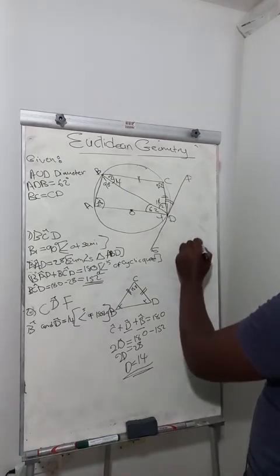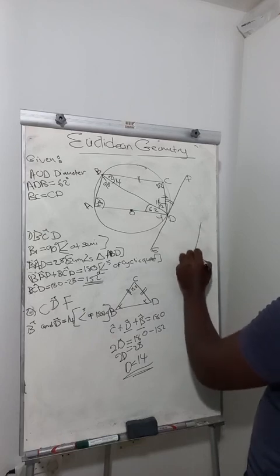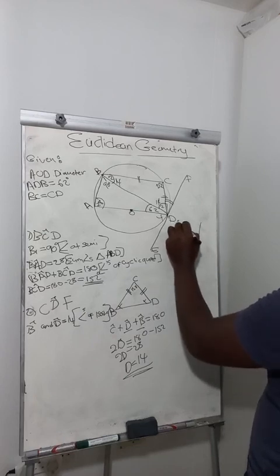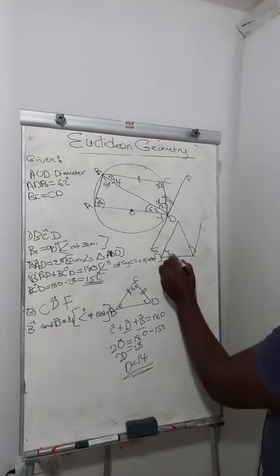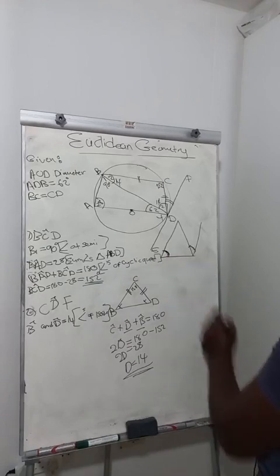This here is supposed to be equal to this. This is the tan chord theorem.